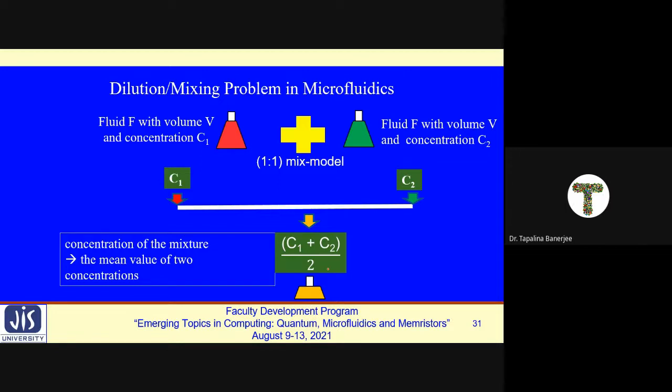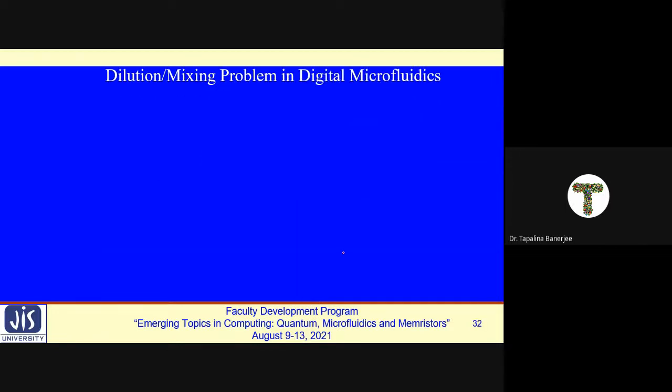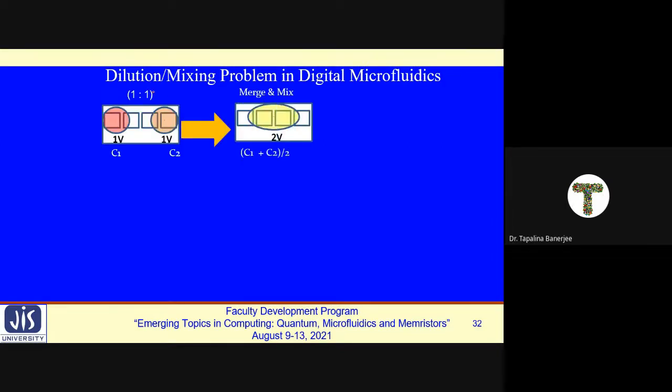Okay. Now, the same thing can happen if we are considering digital microfluidics. In this case, 1:1 mixing, you can see one volume of a droplet of concentration C1 is going to be mixed with concentration C2, again one volume. The other volume is also 1. So 2V is the resultant volume with (C1 plus C2) by 2 as the resultant concentration.